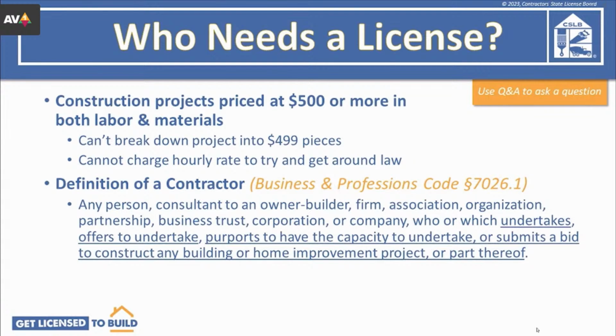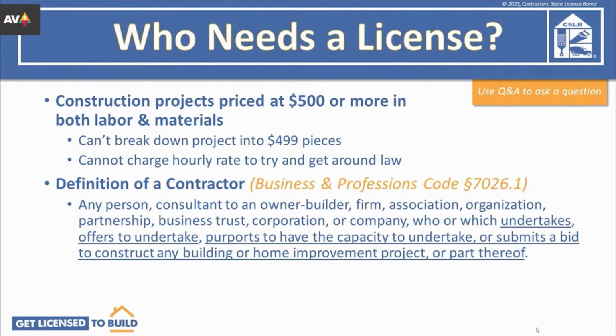So what is the definition of a contractor? The definition comes from the state's Business and Professions Code. In this case, it's section 7026.1. We've got a link to that code at the top of the page if you download the presentation. I'll read the entire code, but pay special attention to the part we underlined.